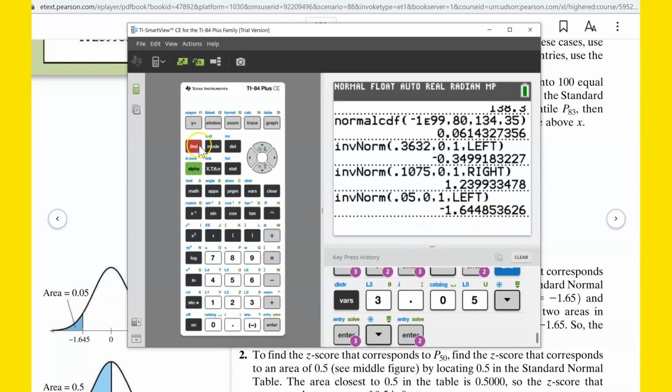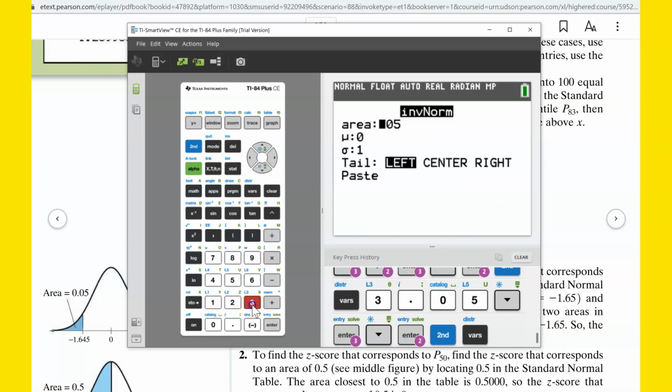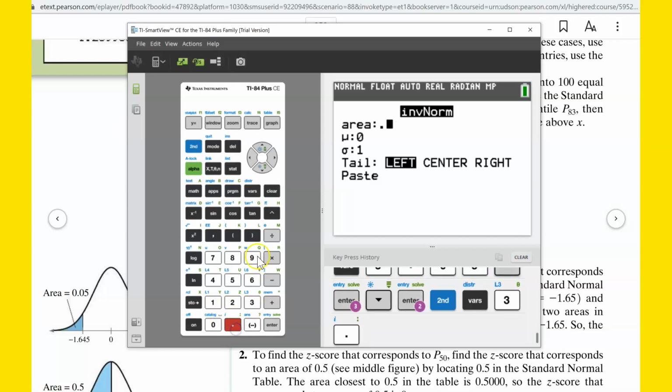Let me show you that you could have also done this a different way. We could have done the area as 95% because that's the complement, isn't it? 0.95. And we could have done not a left tail but a right tail. We should get the same answer if we ask what value has 5% of the data to the left of it, or what value has 95% of the data to the right of it.